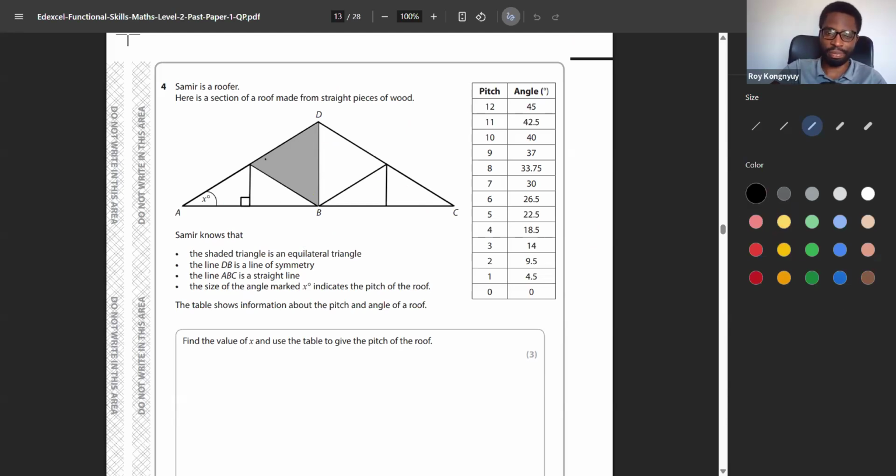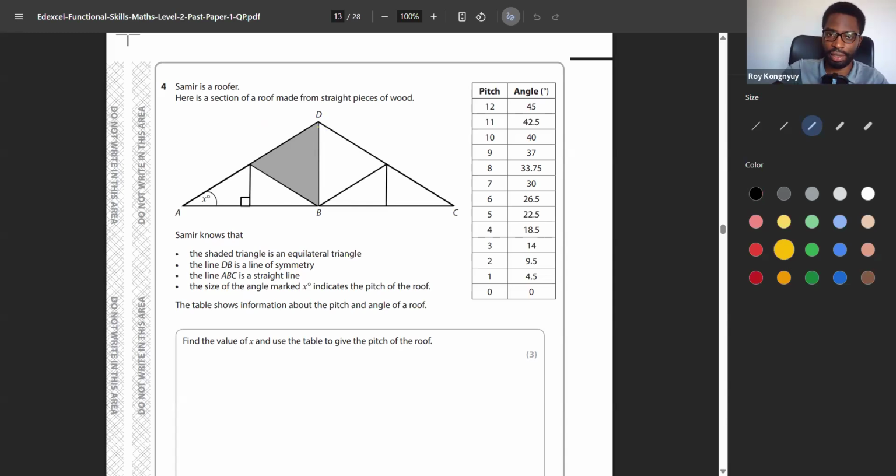So okay, let's begin. We have Samir. Samir is a roofer. Here's a section of a roof made from straight pieces of wood. Samir knows that the shaded triangle is an equilateral triangle. The line DB is a line of symmetry.